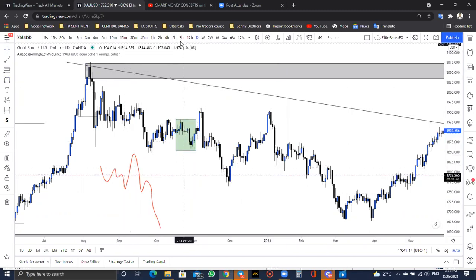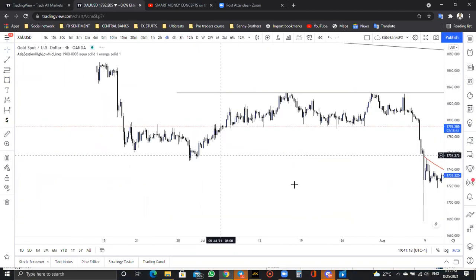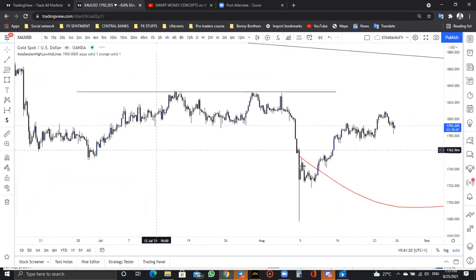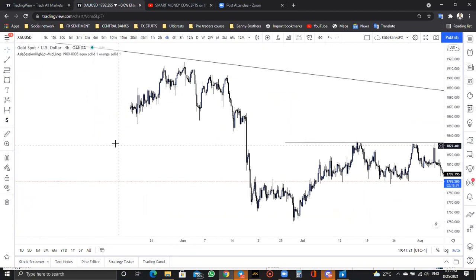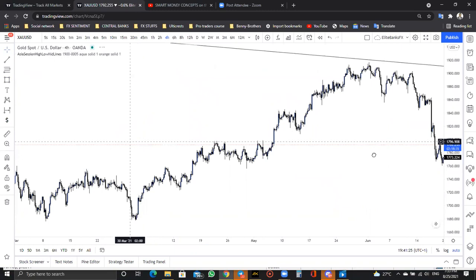Lower time frame, let's say 4 hours. Please pay attention to the green. You see exactly the same thing.